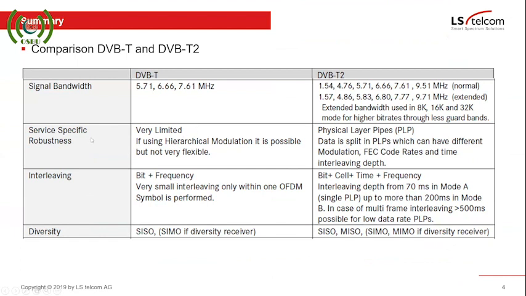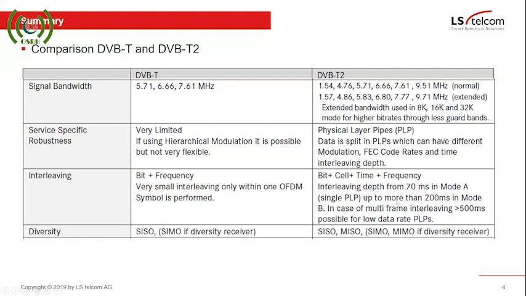So specific robustness is very limited in T1, whereas in T2, you have these physical layer pipes where you can have different programs with different robustness, etc., on the same multiplex, but defined as individual physical layer pipes or PLPs. And then very small interleaving is possible, where one OFDM symbol is performed.